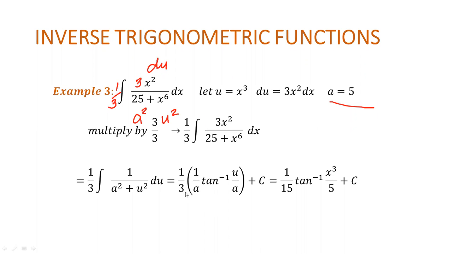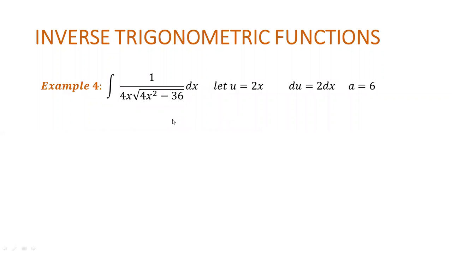So your 1/3 times 1/5 would be 1 over 15, the arctan of x cubed over 5. See that? So this one yields an arctan function, because the denominator is not in the form of a radical expression. Okay, now we proceed with the next part here.